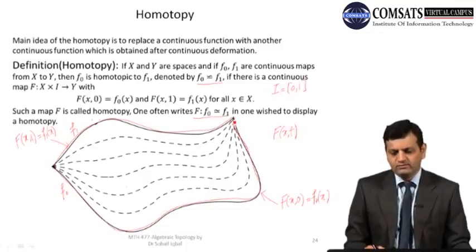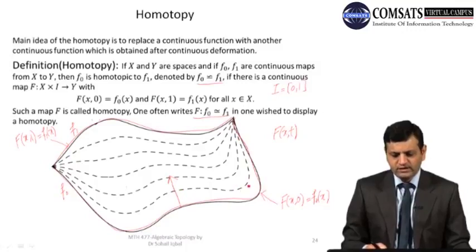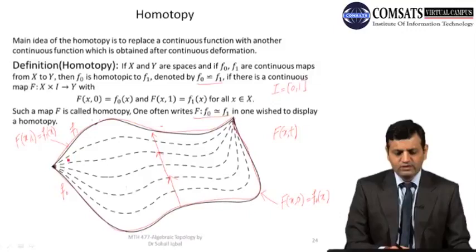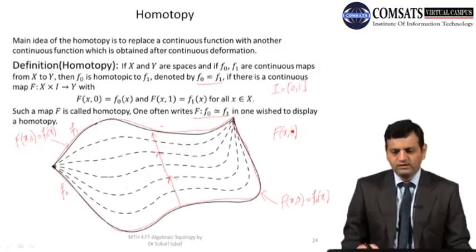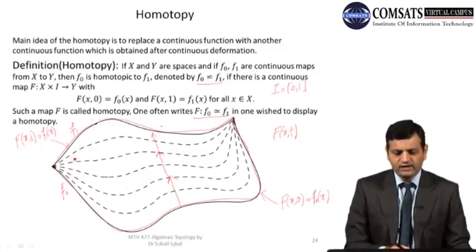Starting from time t equal to 0, we have this function, and as we move with time, this function is deforming and taking its shape into f1. After time t equal to 1, we have this function f1.